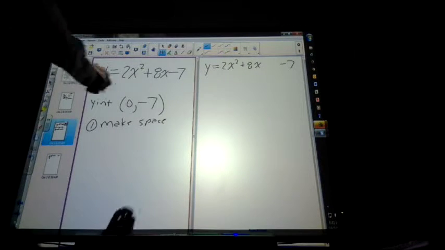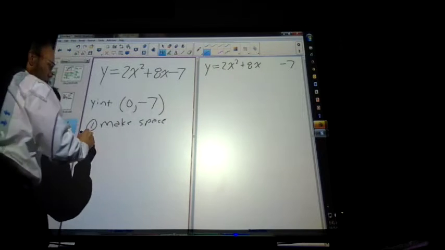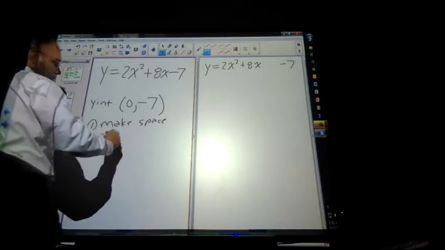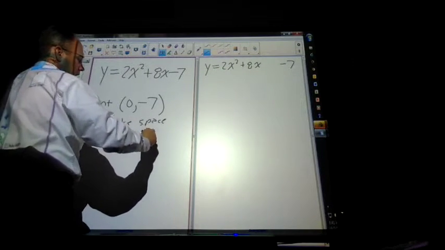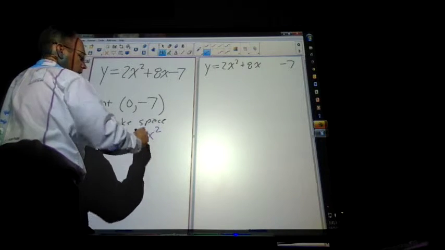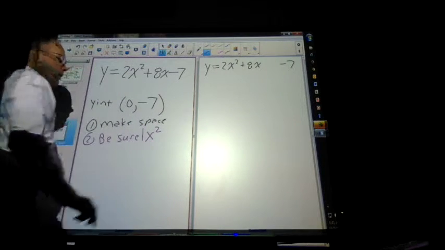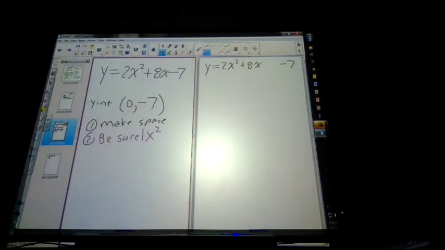Next step. Be sure x squared, or 1x squared, is your lead coefficient. What's my x squared term right now? 2. So I want it to be a 1. So what do I have to divide everything by in order to make my x squared term be 1x squared?